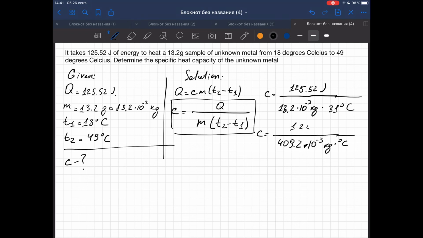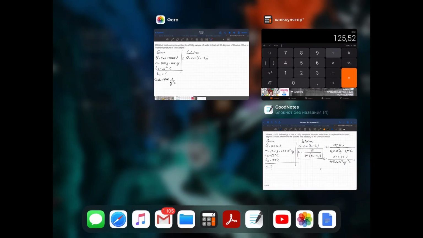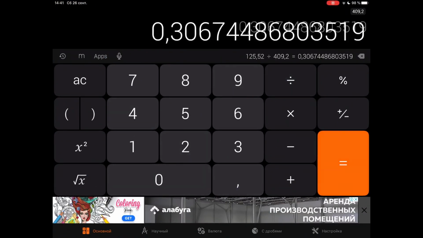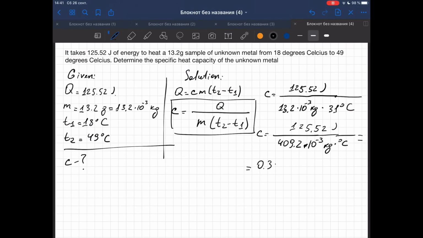And the numerator will be 125.52 joules, and the final calculations: 125.52 divided by 409.2, and the final answer is 0.3 multiplied 10 to the power of 3, and this will be positive. 0.3 multiplied 10 to the third joule per kilogram degree Celsius. So this is the final answer.